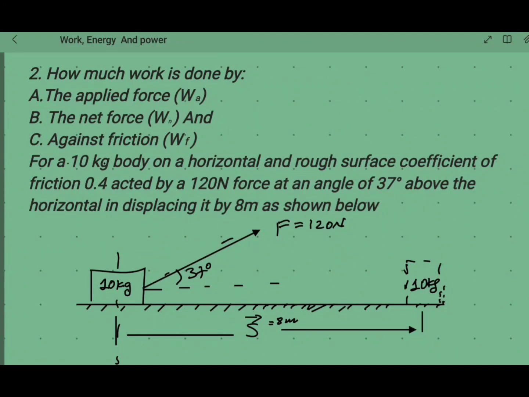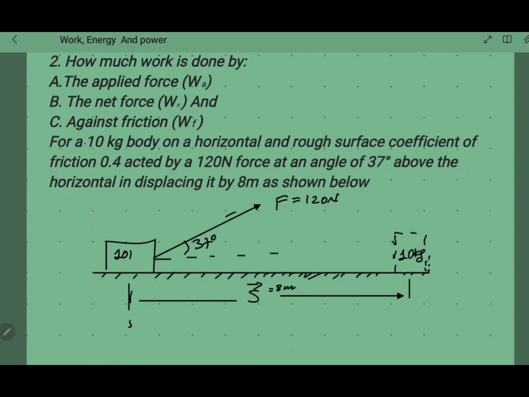This is a good example to show how much energy is transferred to this mass by the 120 Newton force. Part of the work done goes into increasing the kinetic energy of the mass, and the other part is turned into heat due to the frictional resistance of the rough surface.